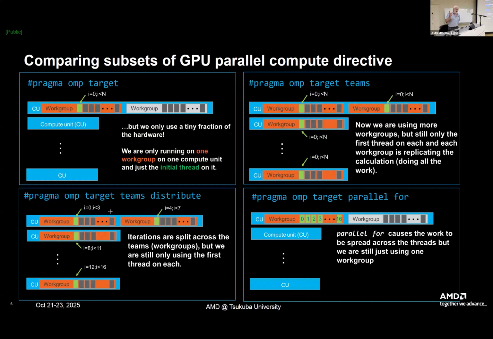But I'm still only using one thread. Okay, so now I've got to add parallel for to launch more threads. So parallel is going to launch the threads. For is going to say actually use them.